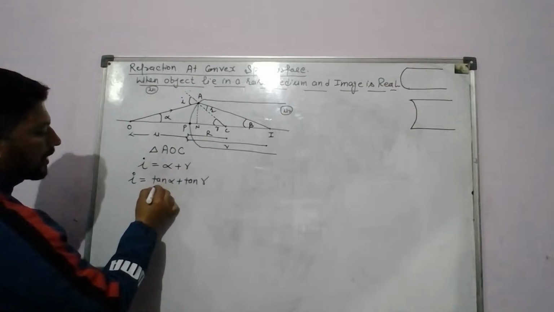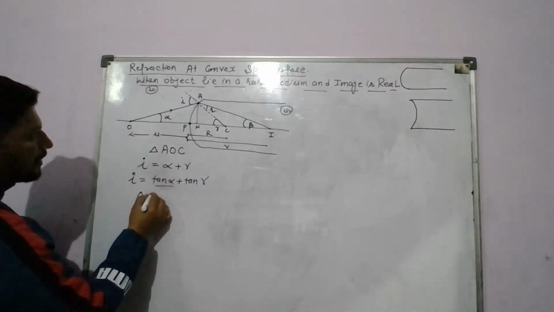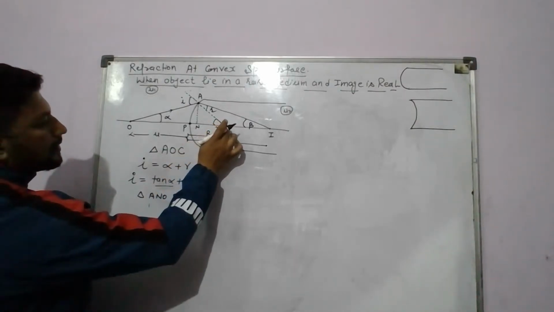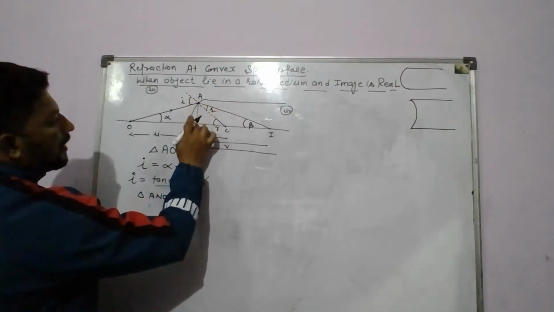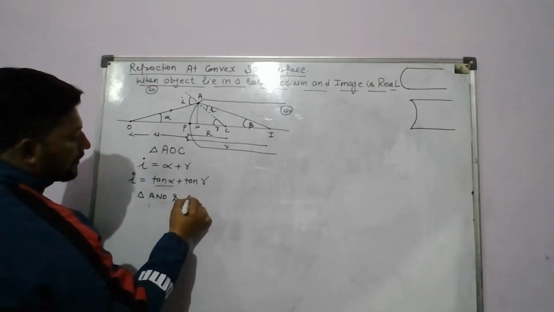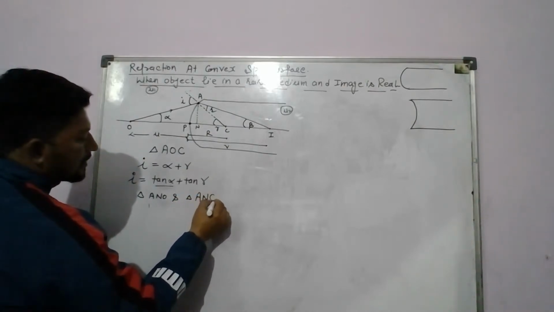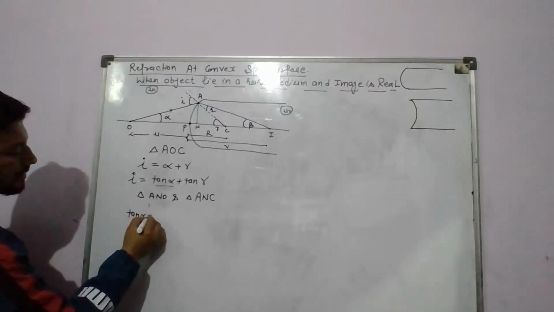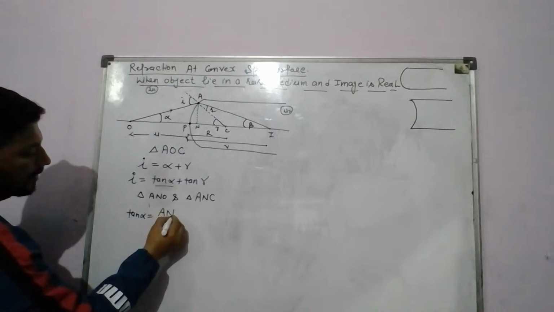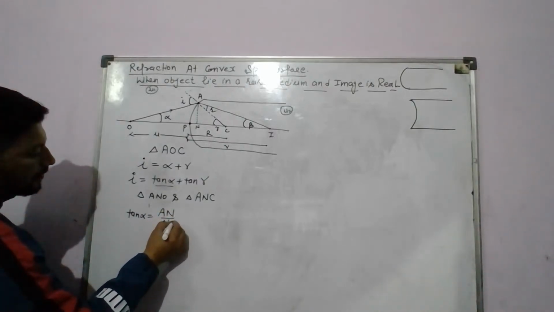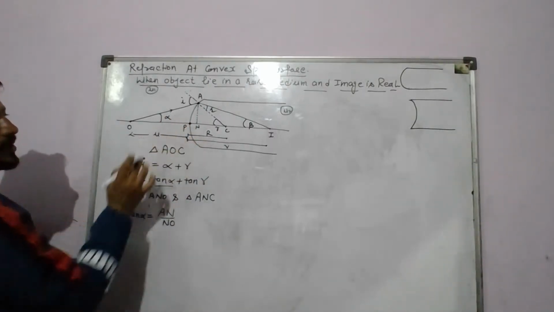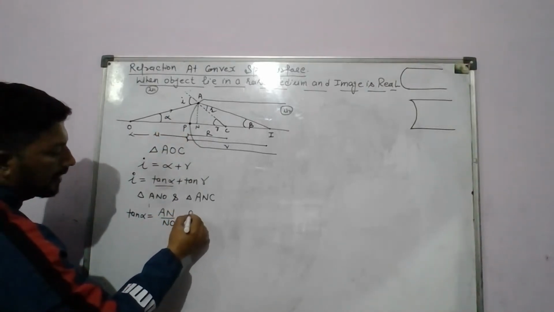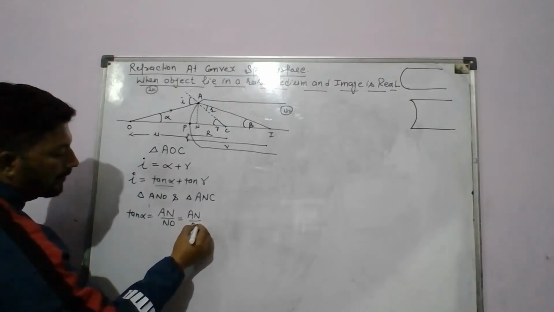First you solve tan alpha in triangle ANO, and for the angle gamma, triangle ANC. So tan alpha is equal to perpendicular AN upon base NO. N is very close to P, so we can write P in place of N. It means AN upon PO.